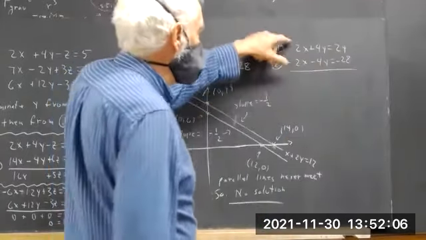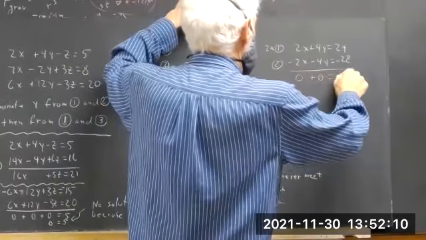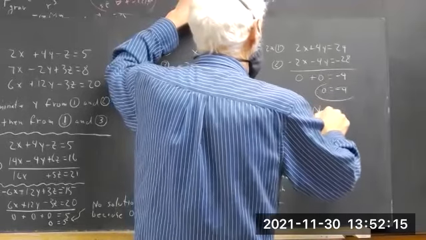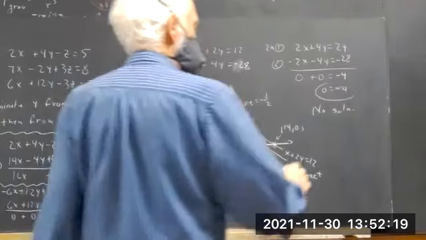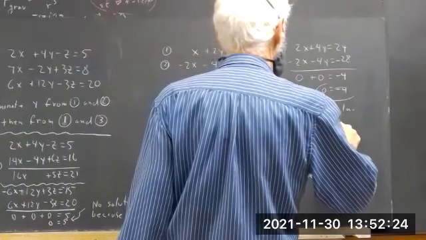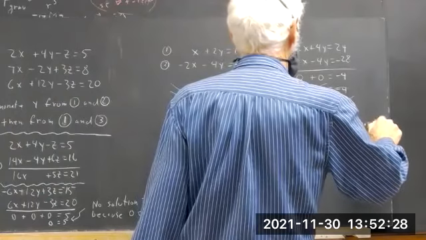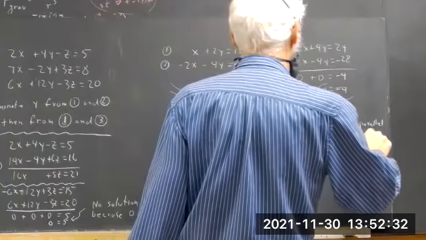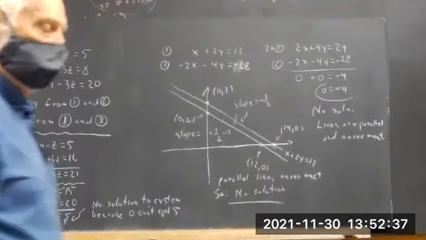If we add, we get 0 plus 0 equals negative 4, 0 equals negative 4. There's no solution. Lines are parallel and they never meet.